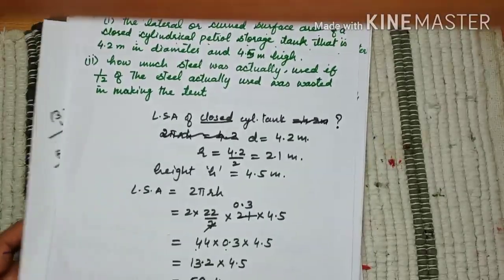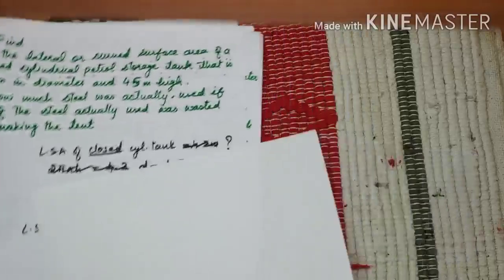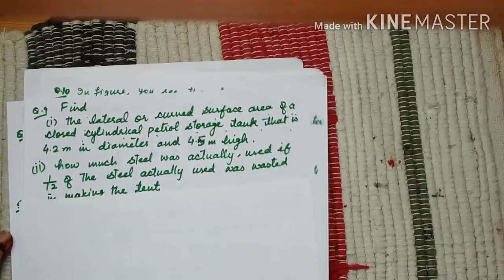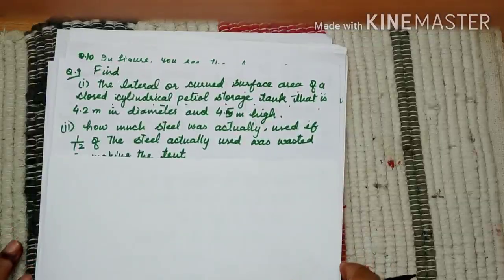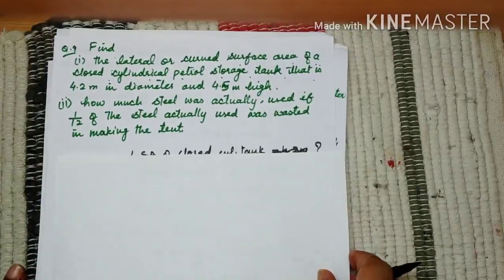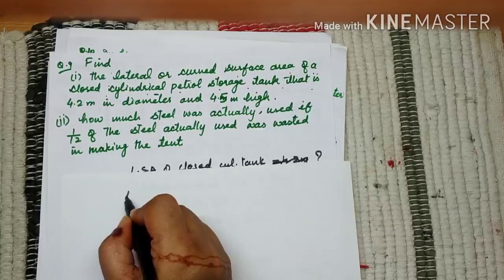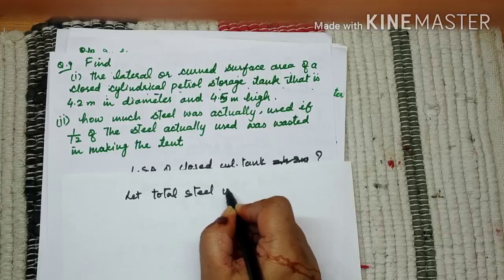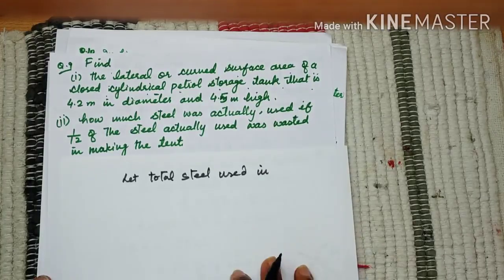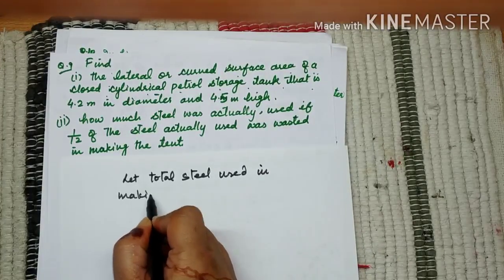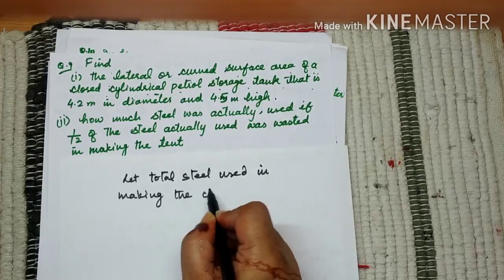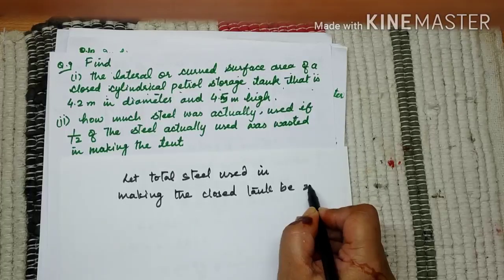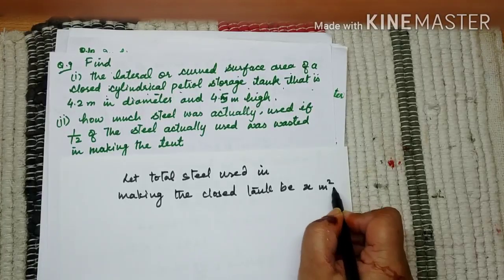Now I need to find the second part. In the second part of the question it says, how much steel was actually used if 1/10 of the steel actually used is wasted in making the margins. So let the total steel used in making the closed tank be x square meters.